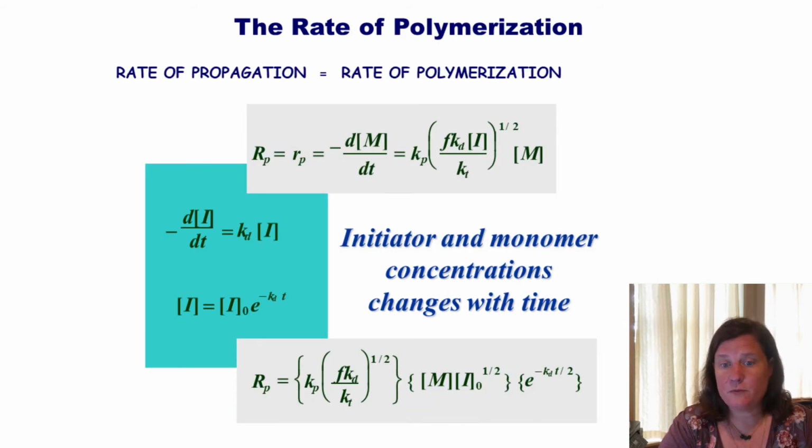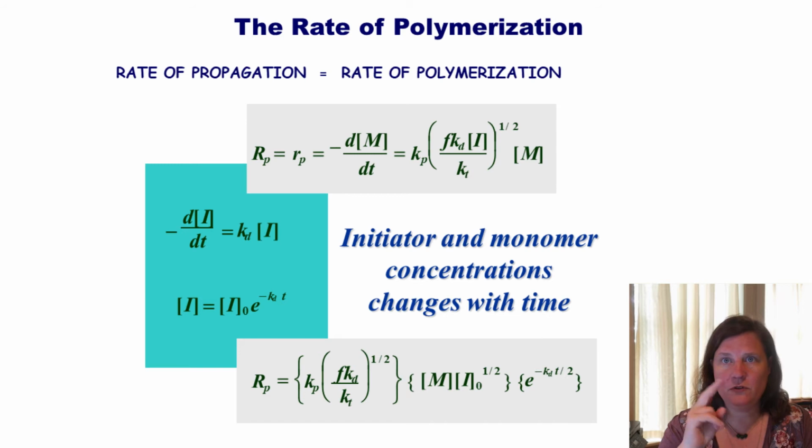To derive an expression for the rate of polymerization, we need to remember that the rate of polymerization equals the rate of propagation. We get that expression, we plug in for the concentration of radicals that we just calculated using the steady state assumption, and we get the top expression in the gray box.